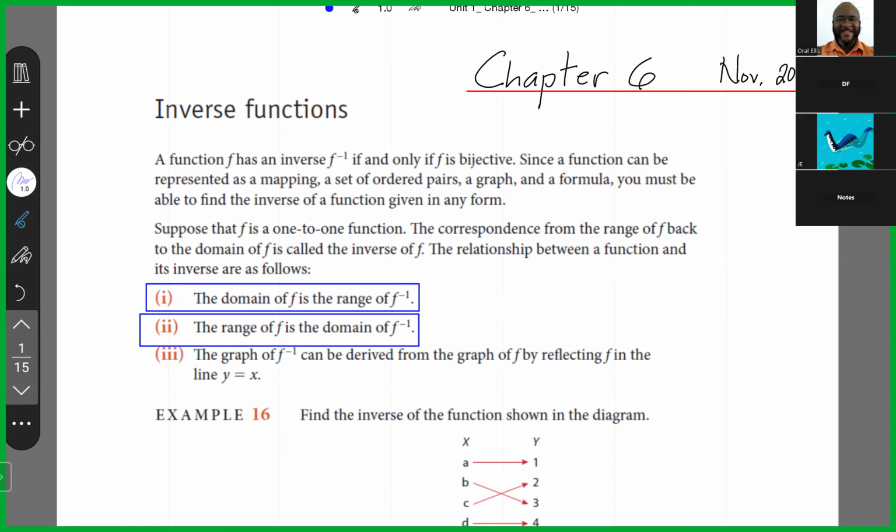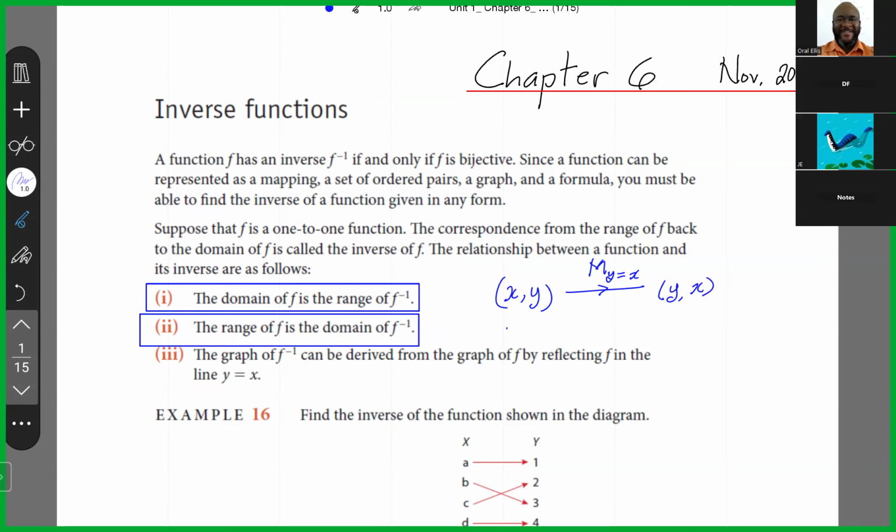Ladies and gentlemen, whenever you reflect a point in the line y is equal to x, the x and the y coordinates interchange. So if you have a point (x, y) and you reflect it in the line y is equal to x, the point (x, y) is going to become (y, x).